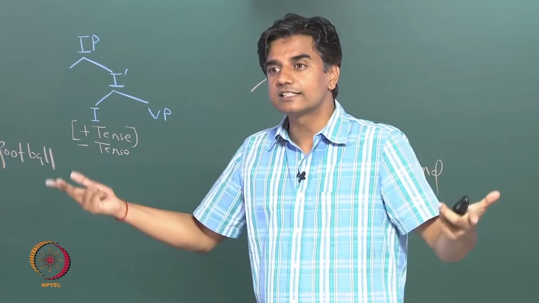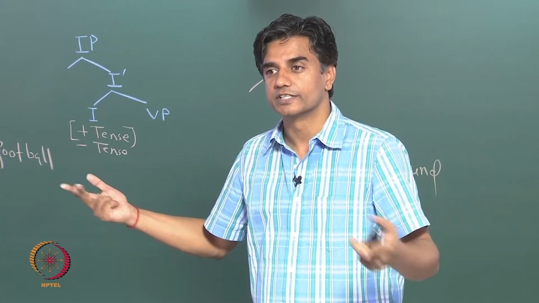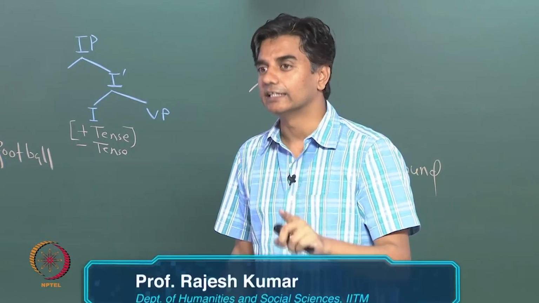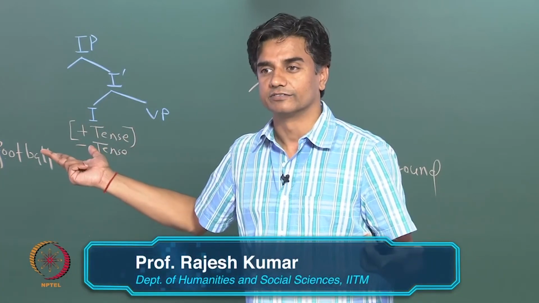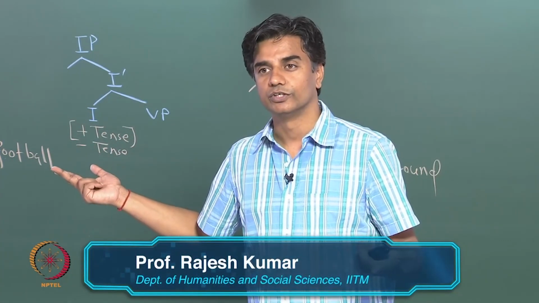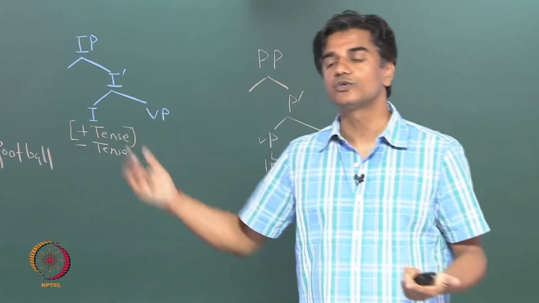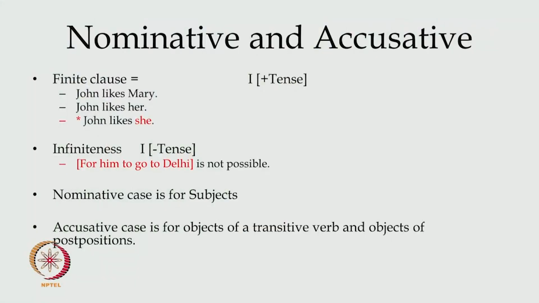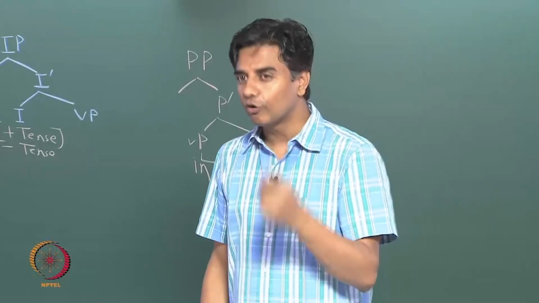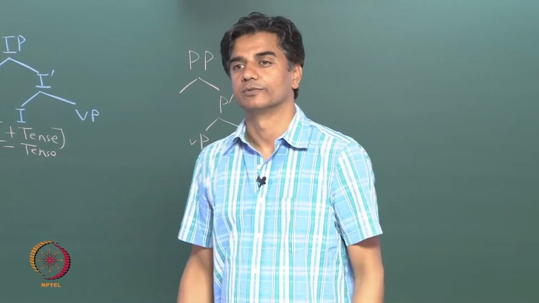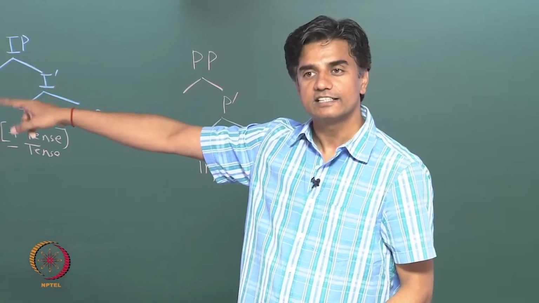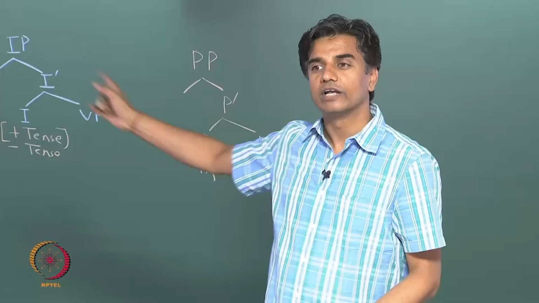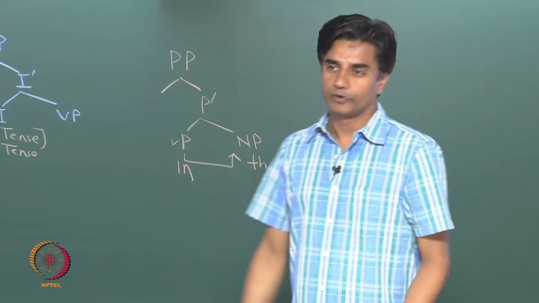We need to begin the sentence with the preposition, because if we don't have the preposition there, this NP remains uncase marked and therefore it's not a good sentence. We can't say he to go to Delhi is impossible or not possible. We have to say for him to go to Delhi is not possible. More later, I do want you to understand this sentence and sentences like these when we have looked at more. Okay? Thank you.